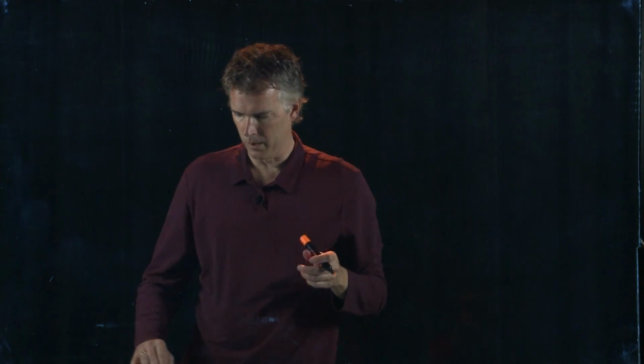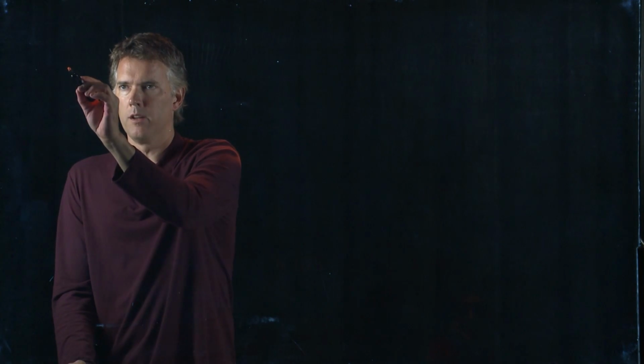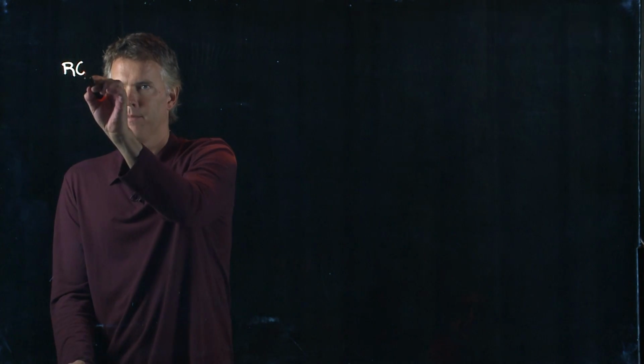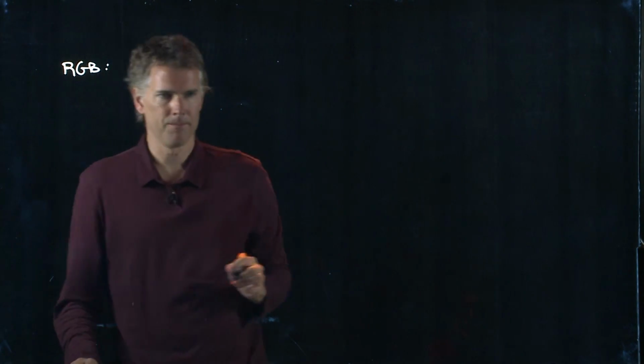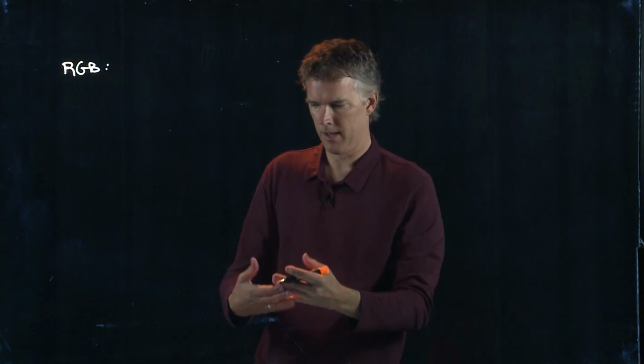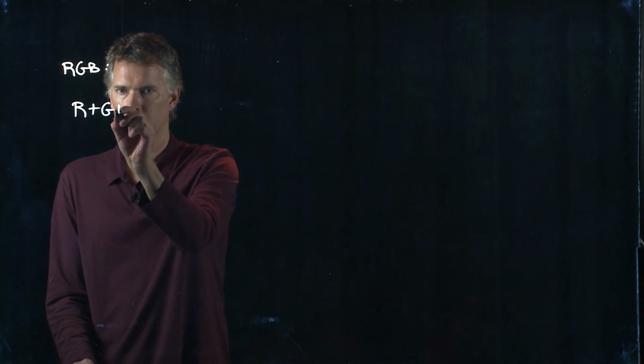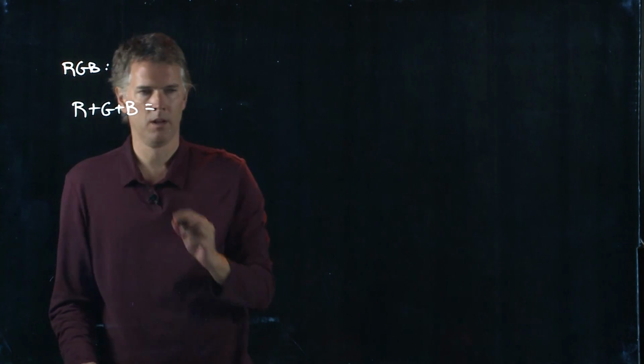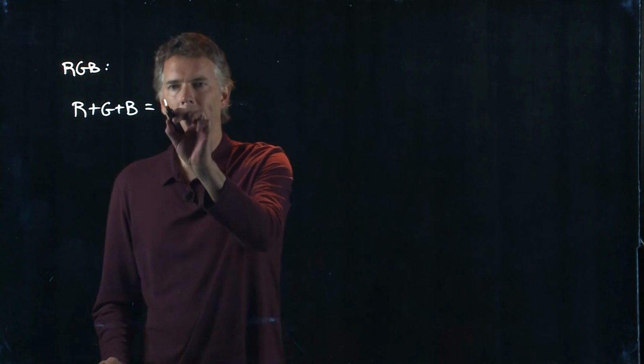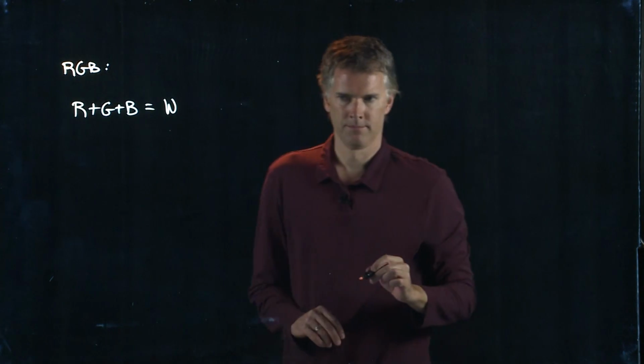So there's something called the color wheel that we can talk about. And the idea with the color wheel is the following. If I have RGB, like in your computer monitor, and I add them all up, red plus green plus blue, I get white. Okay.